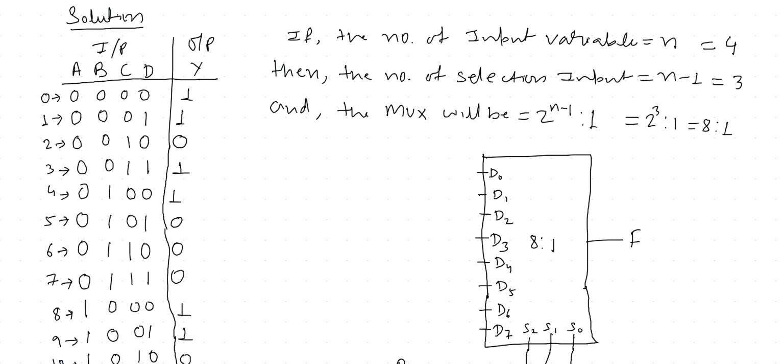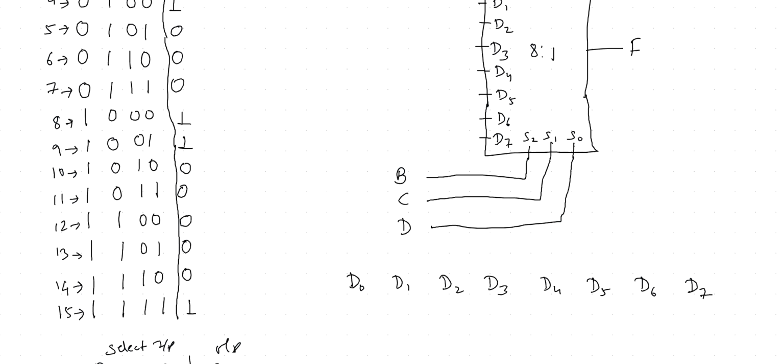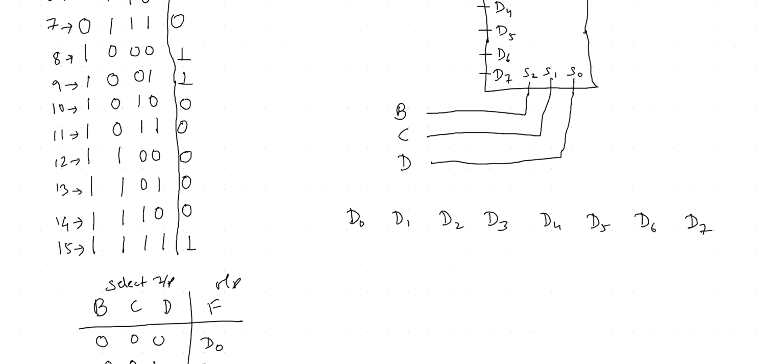And from 8 to 15, your A value is 1, that is A. So here we take at this side, it is A bar, and then it is A.